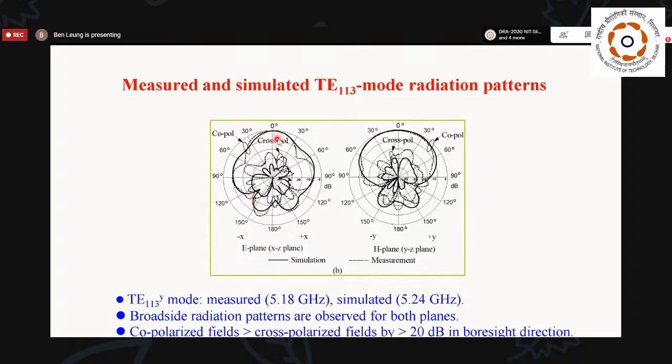That means if a high order mode is used, then the antenna gain is higher and the beam width is narrower. For this higher order mode, the co-polarized field is larger than the cross-polarized field by 20% in the broadside direction. It's the same as for the fundamental TE111 mode.